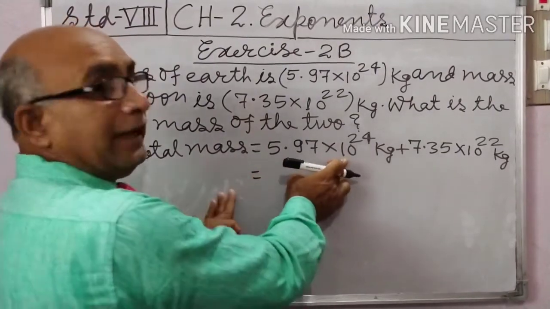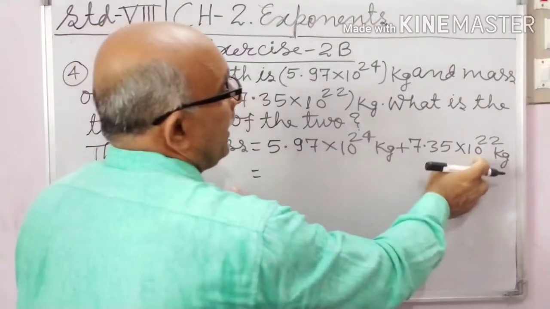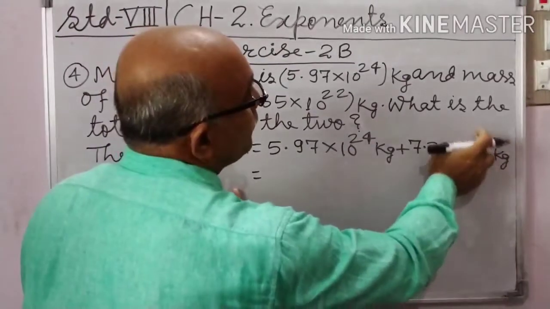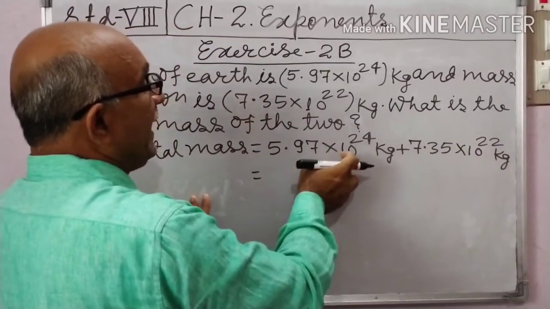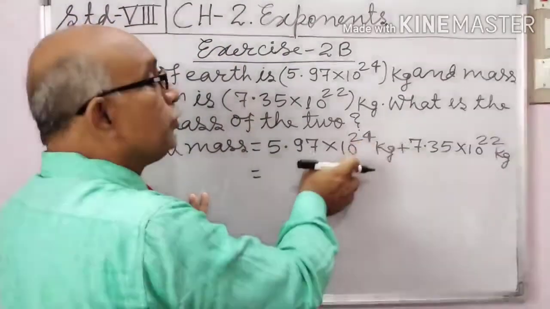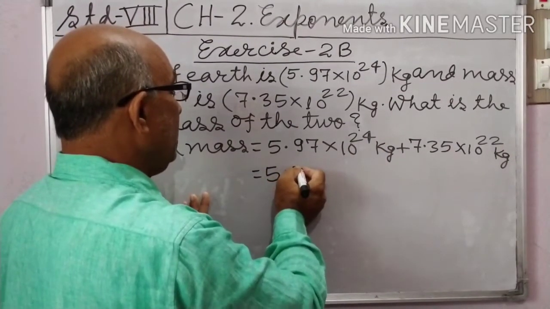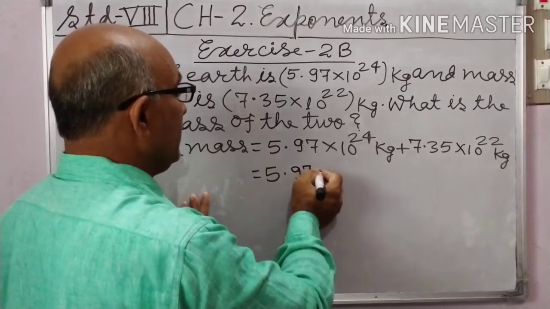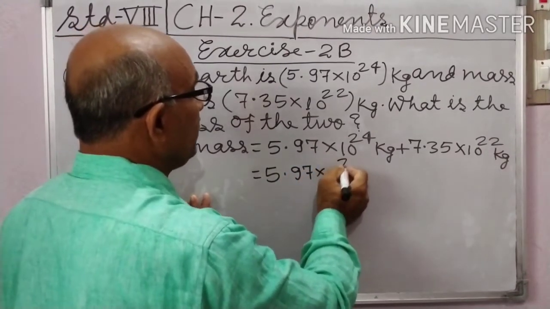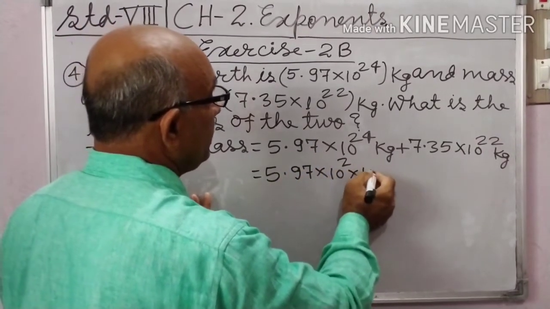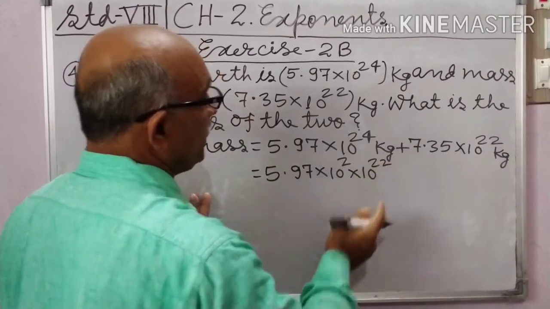Students, here 10 to the power 24 and this side 10 to the power 22. So 10 to the power 24 changes into 10 to the power 22. So write 5.97 into 10 to the power 2 into 10 to the power 22.